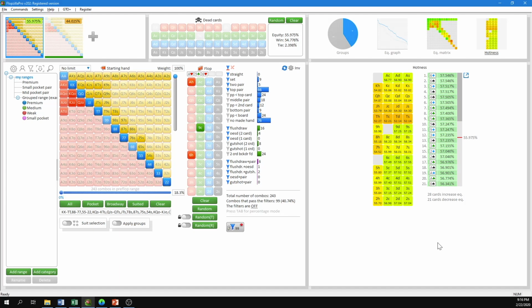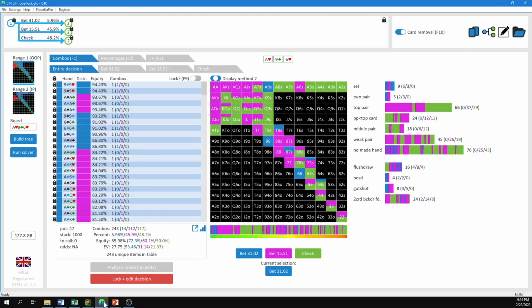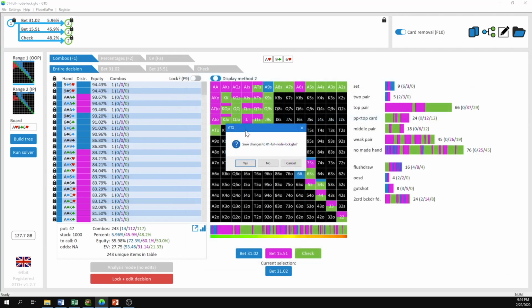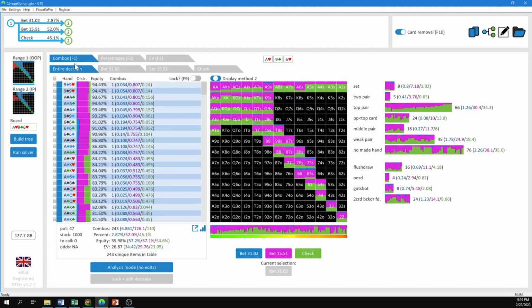So the next thing I want to do here is run 3 different solve iterations to test my strategy. The first solve iteration I do is unlock everything. So this is the same exact setup, but I unlock all of my nodes in this spot.